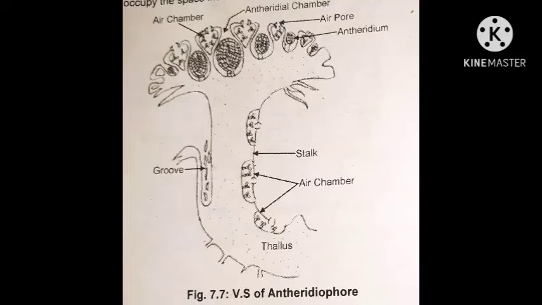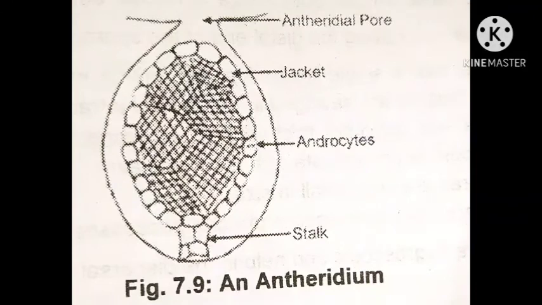The mature antheridium shows a multicellular stalk and a single-layer jacket, and inside the jacket there are androcytes that produce the antherozoids, and there is an opening called the antheridial pore.